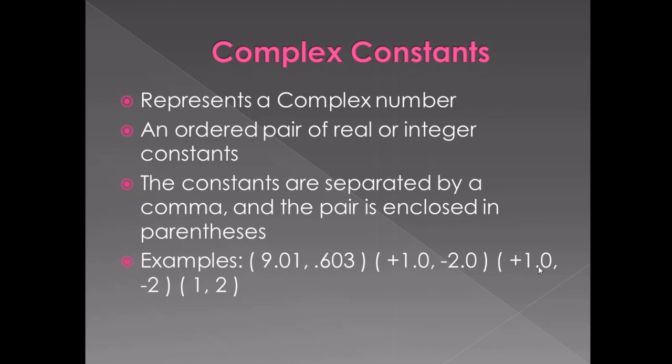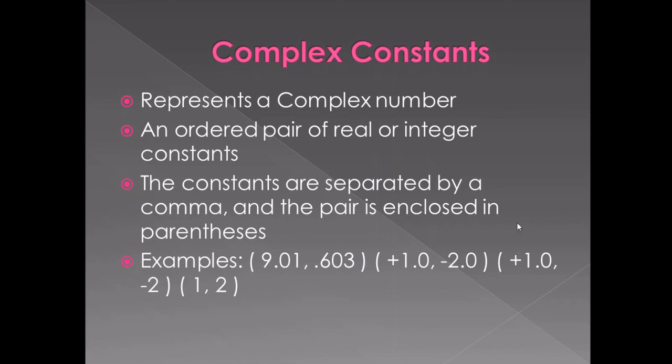This is the real part and this is the imaginary part. So these two are purely integers, 1 and 2. 1 is an integer constant, 2 also is an integer constant. This is a real constant in fractional form. So complex constants are a special kind of constant in Fortran which are used to denote or represent a complex number.